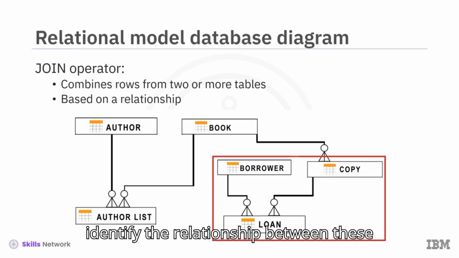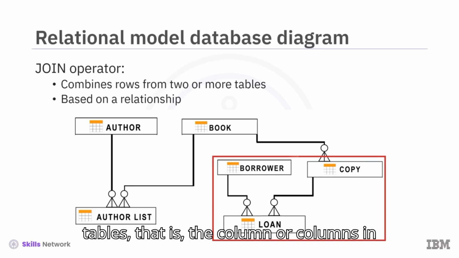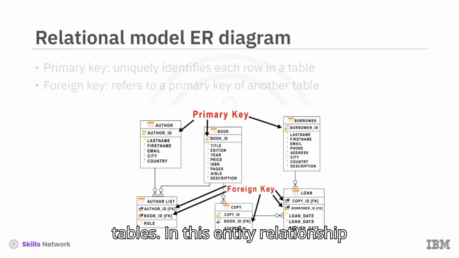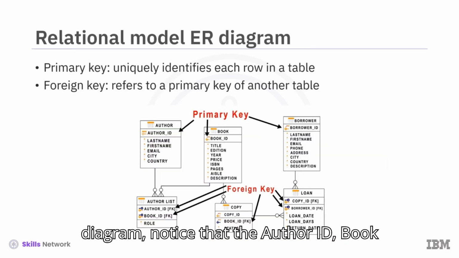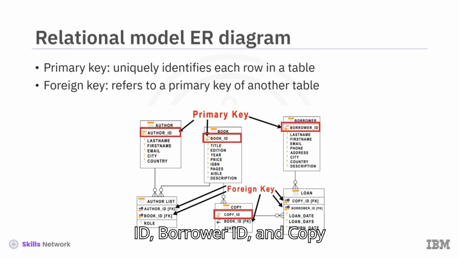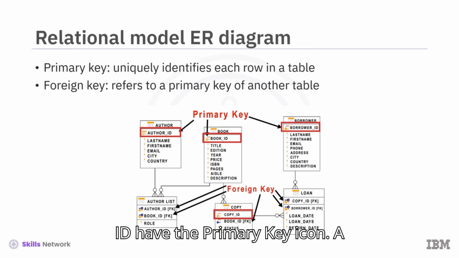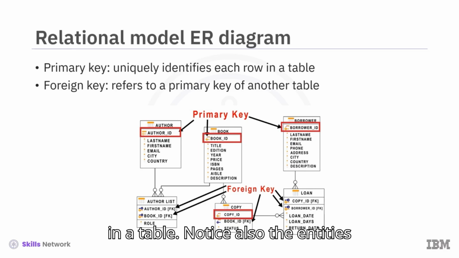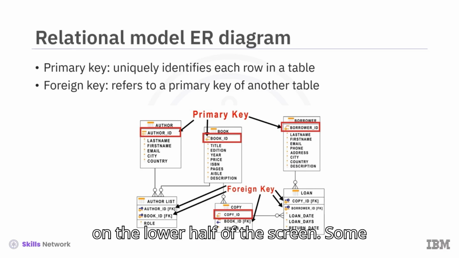First, you need to identify the relationship between these tables, that is, the column or columns in each table to use as a link between the tables. In this entity relationship diagram, notice that the author ID, book ID, borrower ID, and copy ID have the primary key icon. A primary key uniquely identifies each row in a table. Notice also the entities on the lower half of the screen.